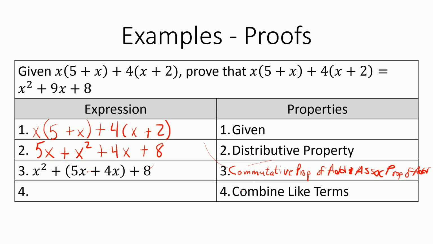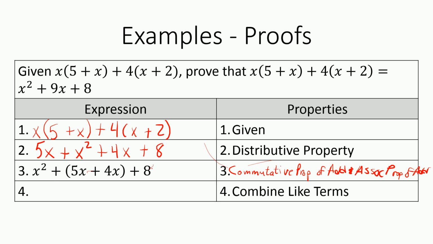Now our last step, the reasoning we give, is just combining like terms, which means I'm only combining the like terms. I notice there's an x squared, there's an 8. Those don't have like terms because there's no other x squareds. There's no other terms that have the same variable to the same power. Same with 8. There's no other numbers.